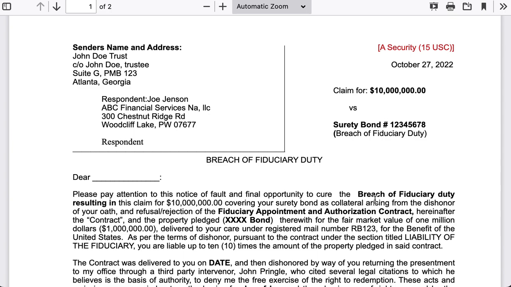As per the terms of this honor pursuant to the contract, under the section titled Liability of the Fiduciary, you are liable up to 10 times the amount of the property pledged in said contract.